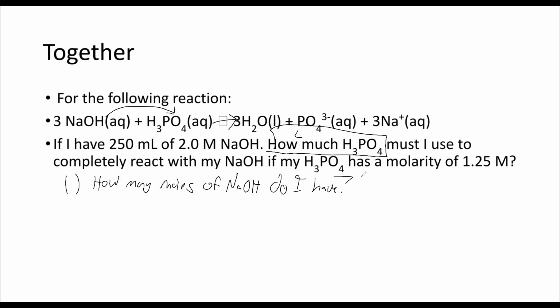You take your molarity of NaOH and multiply it by your volume. So this will be 2 times 0.250. Let me do that calculation really quick. That is 0.500 moles of NaOH.